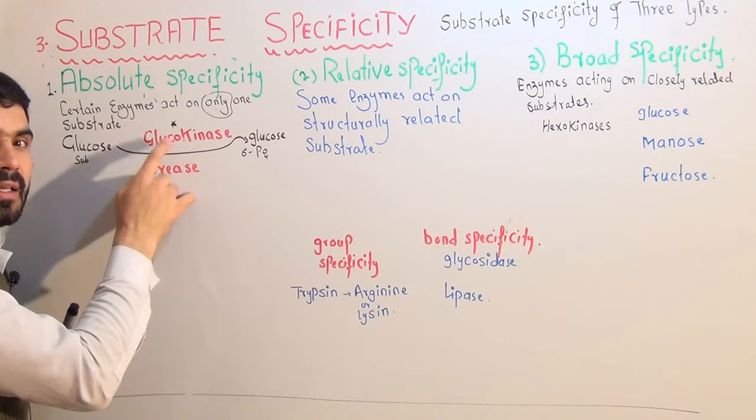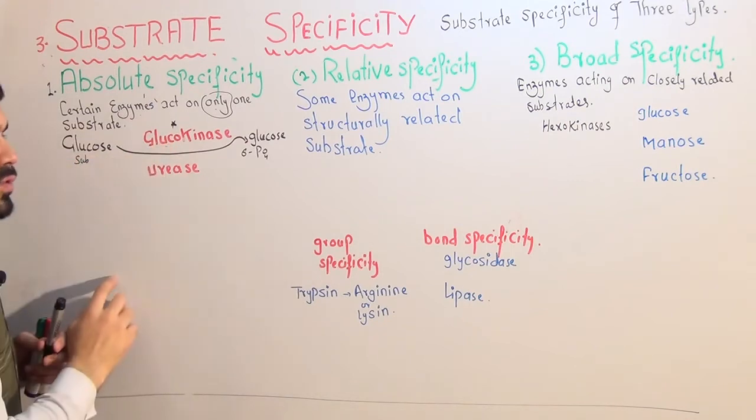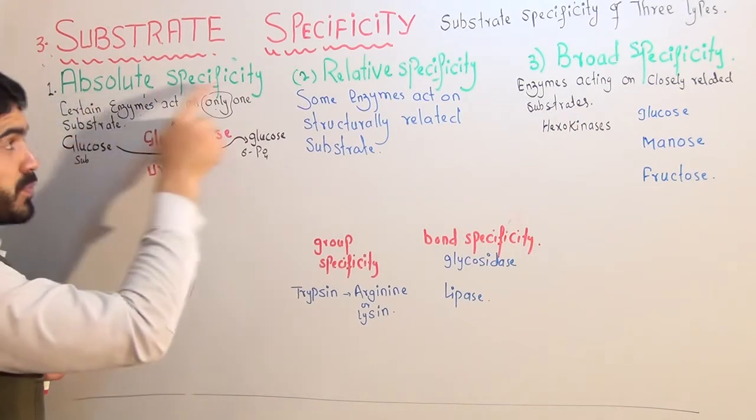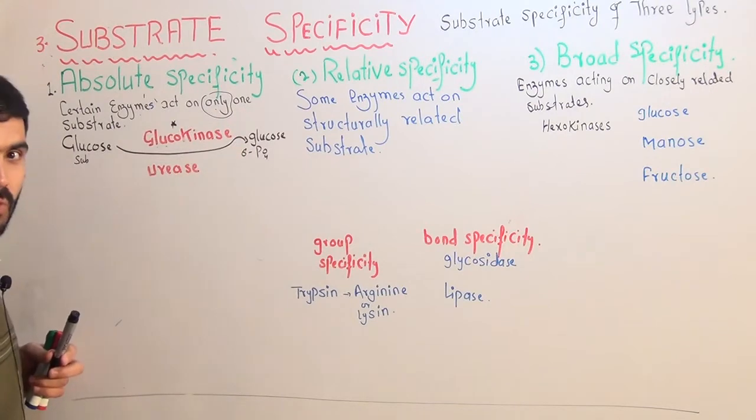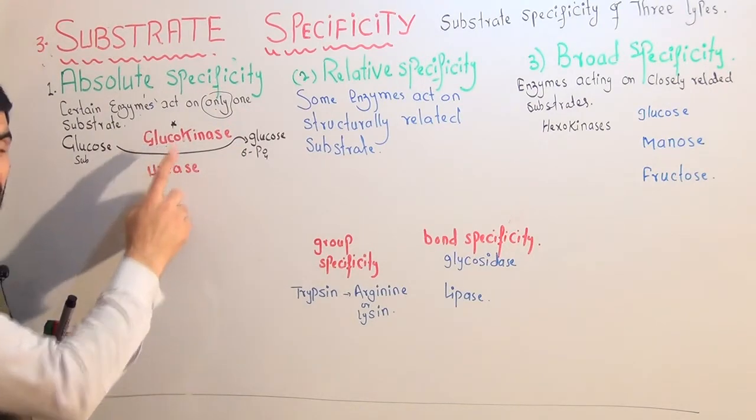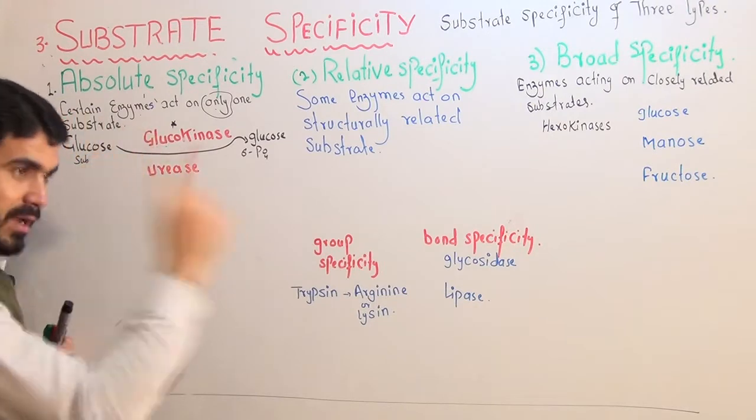Glucokinase is only acting on glucose. So we say glucokinase is absolutely specific. Absolutely. This is acting on only one substrate.